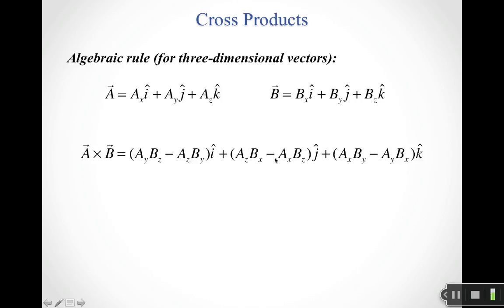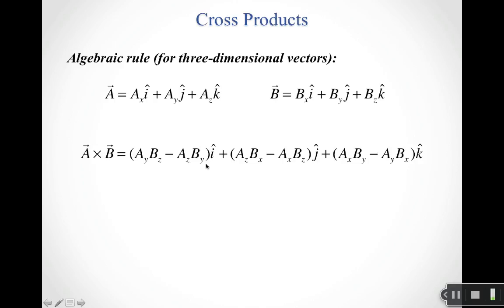But when we have 3-dimensional vectors, basically we just have sort of 3 rules. So we've put this together for each dimension, and so this gives us aybz minus azby. That will tell you what's going on in the x direction.